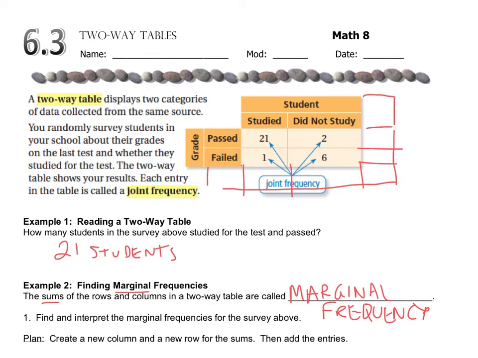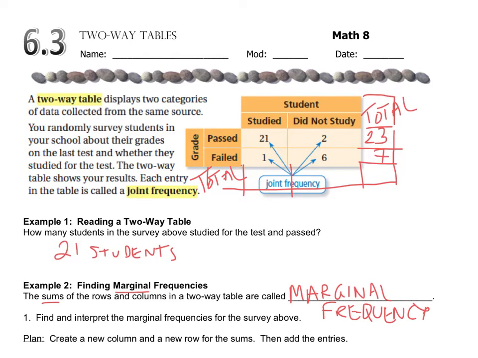All right. So we would look at our totals. To find the marginals, we would be adding, or doing the sum of, all of our rows and all of our columns. So 21 and 2 is 23. 1 and 6 is 7.